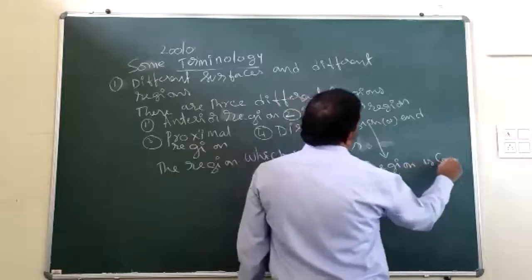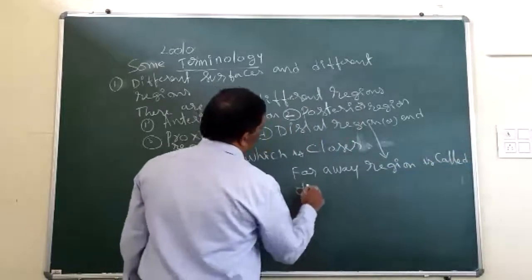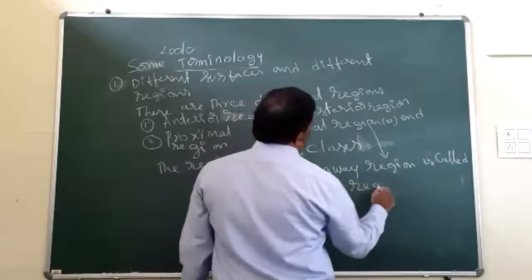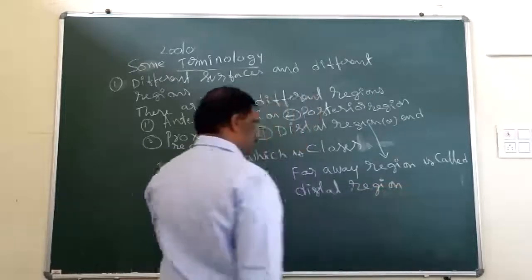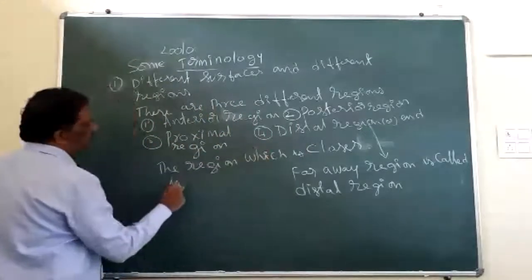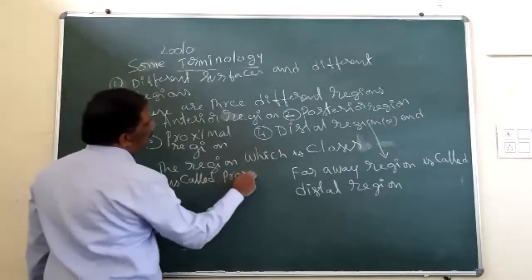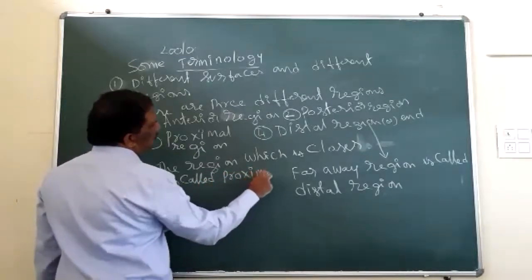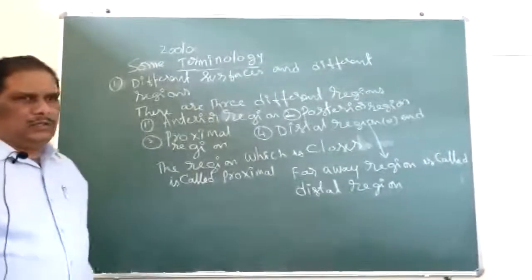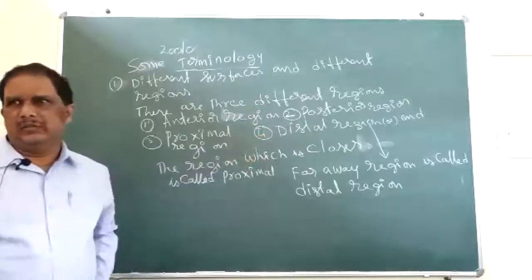The closer region is called proximal. These are the different surfaces and regions.